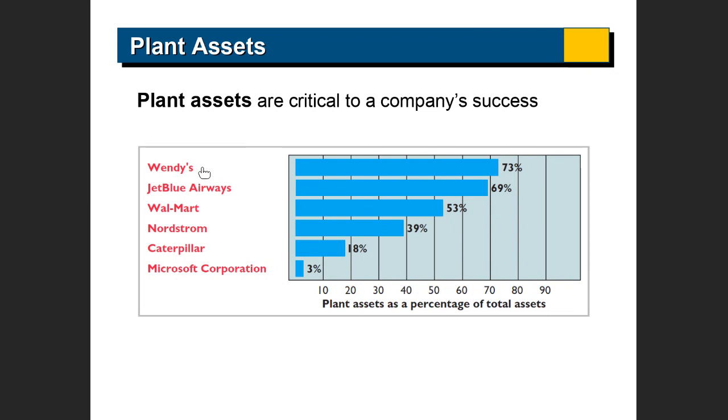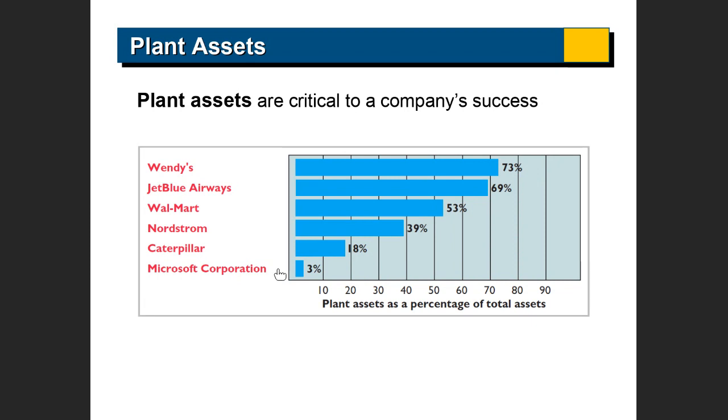Wendy's is at the corners of the streets in the US. They have their plant assets at 73% of their total assets. JetBlue, as you can see, is also 69%. And you come down to someone like Microsoft, right?